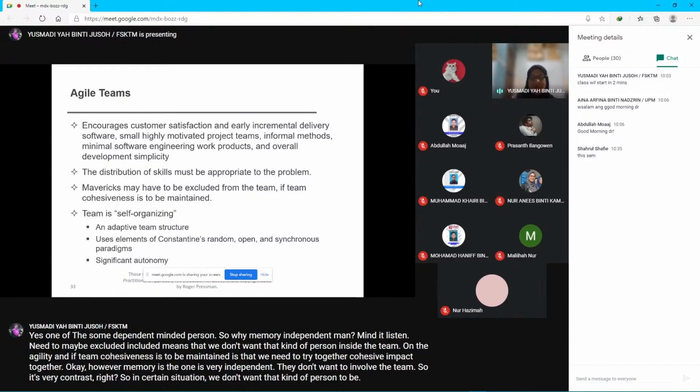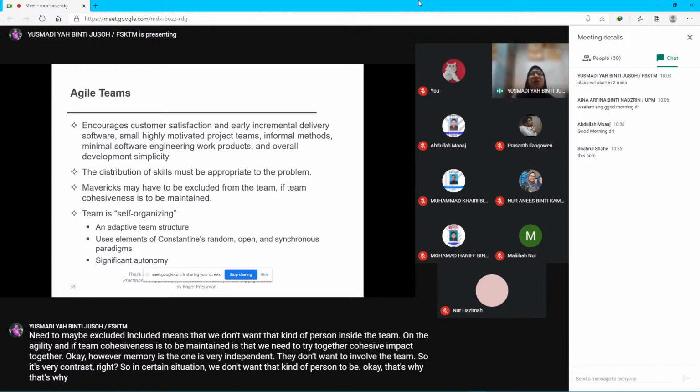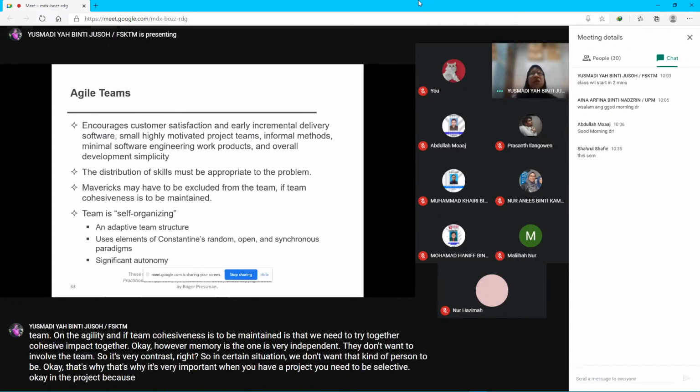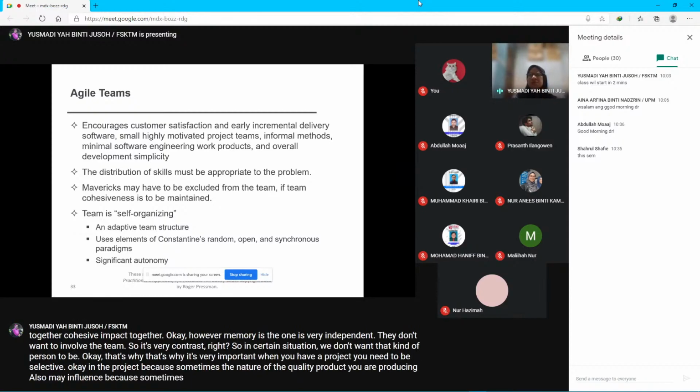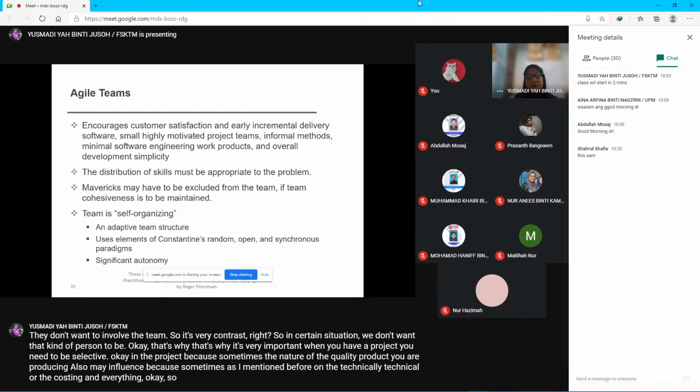That's why it's very important that when you have a project, you need to be selective, because sometimes the nature of the quality of the product you are producing may also influence this, as I mentioned before, on the technical side, the costing and everything.